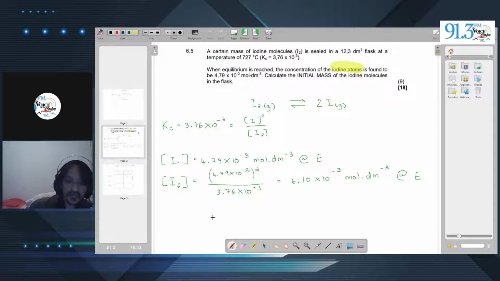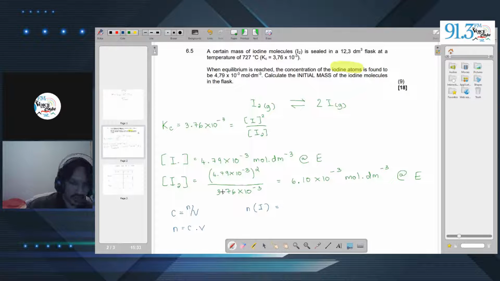And we know that the equation for concentration is C is equal to n over V. So we just need to rearrange the equation and say n is equal to C times V. And we do it for each of these. So we take this value and we times it by 12.3. So the number of moles of iodine is equal to 4.79 times 10 to the minus 3 times 12.3.